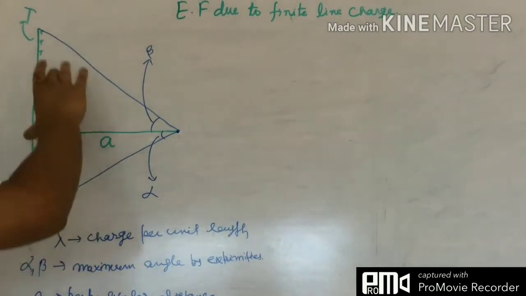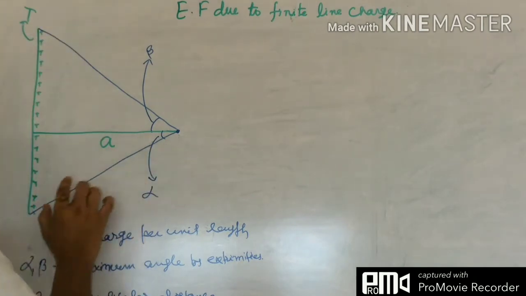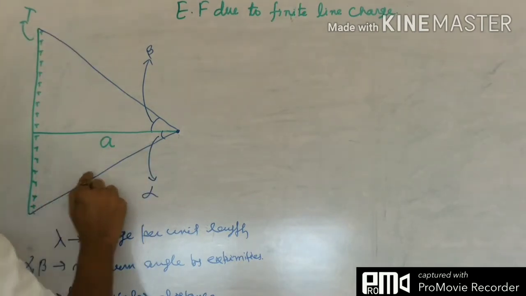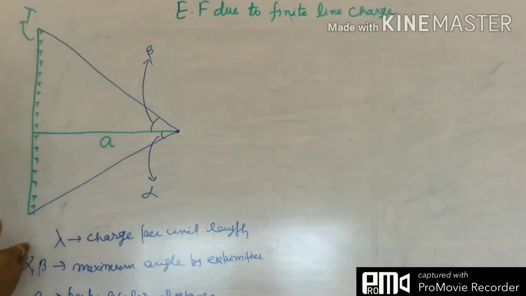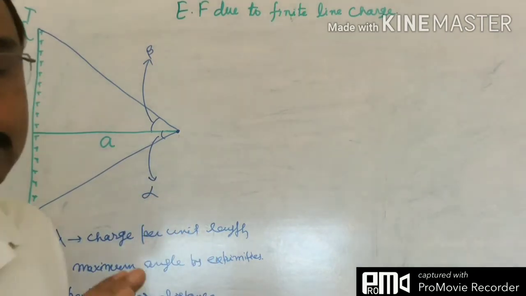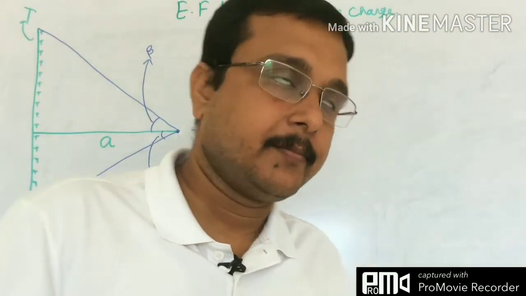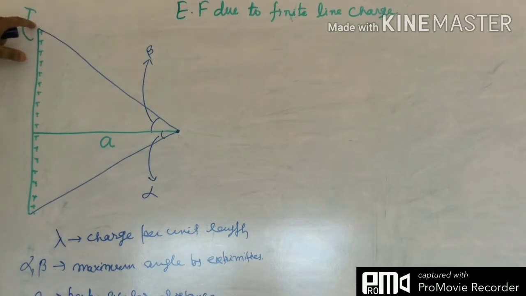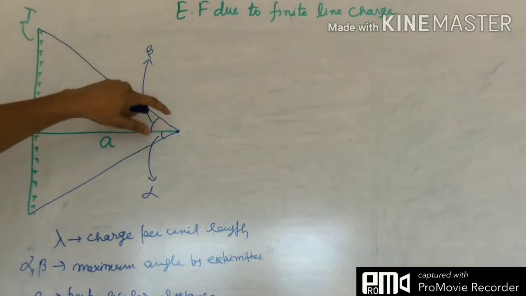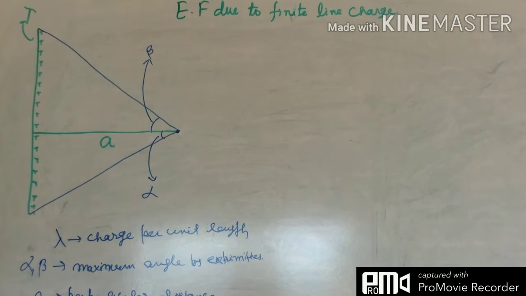What we have given: this is finite, so this last point makes an angle alpha here, and it is the maximum angle because after that there is no point on this line. In the same way, this uppermost point also makes an angle here, and that is beta.